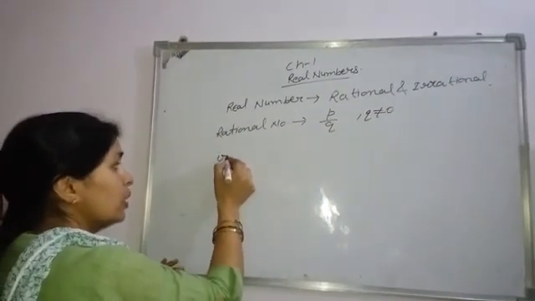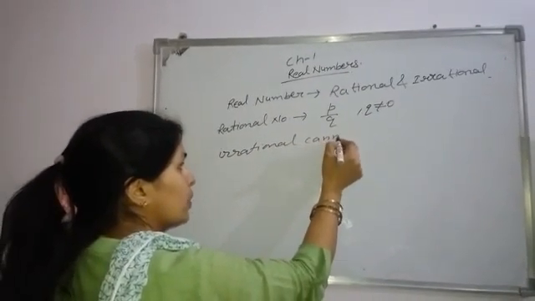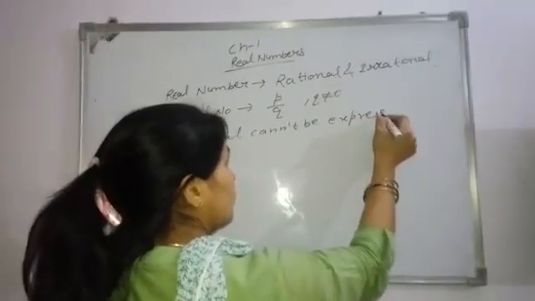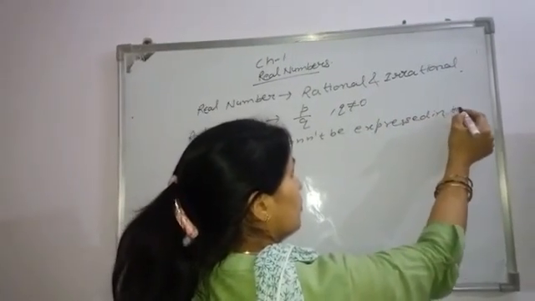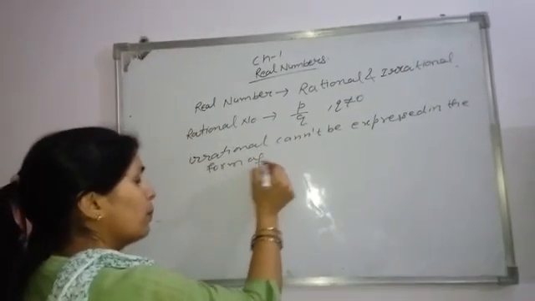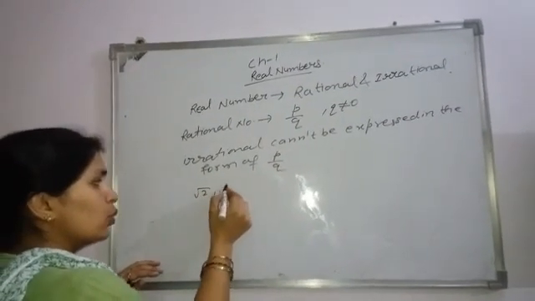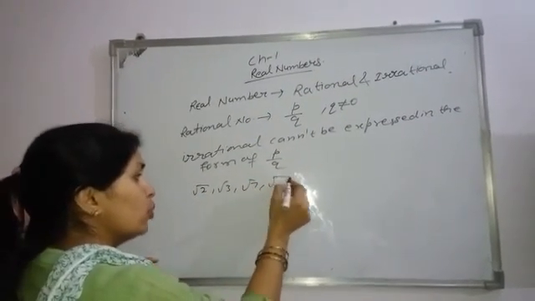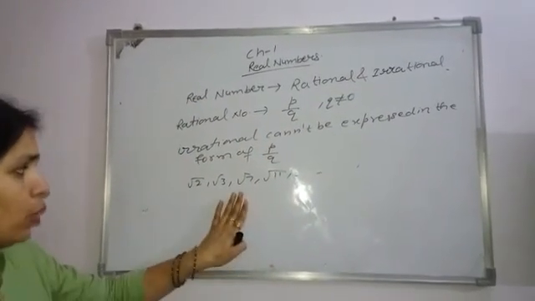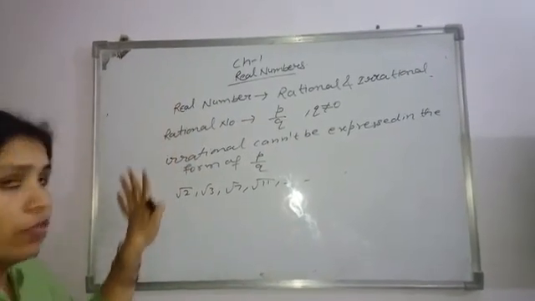And an irrational number cannot be expressed in the form of P upon Q. For example, root 2, root 3, root 7, root 11, all these numbers are irrational numbers. This is the definition of a real number.